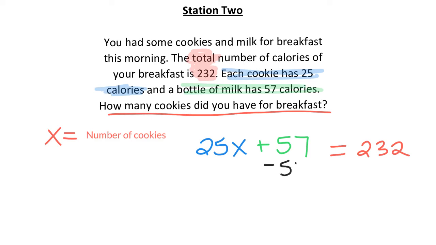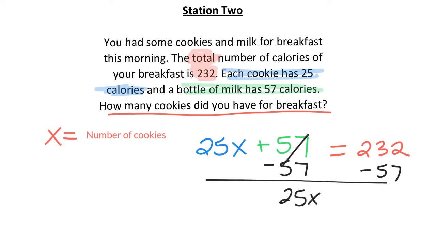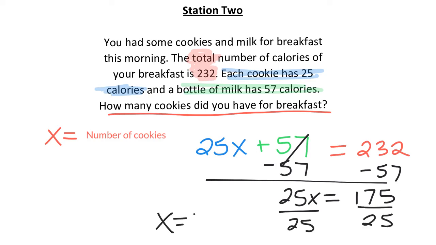So subtract 57 on each side, bring down that 25x. And 232 minus 57 is 175. Go ahead, divide each side by 25, and we get a nice x equals number, x equals 7.